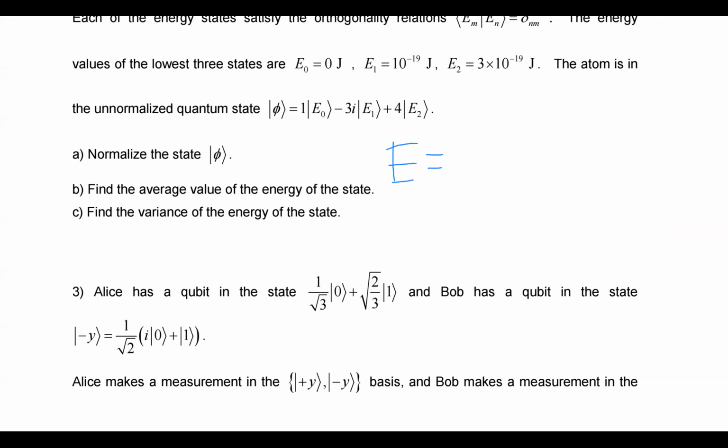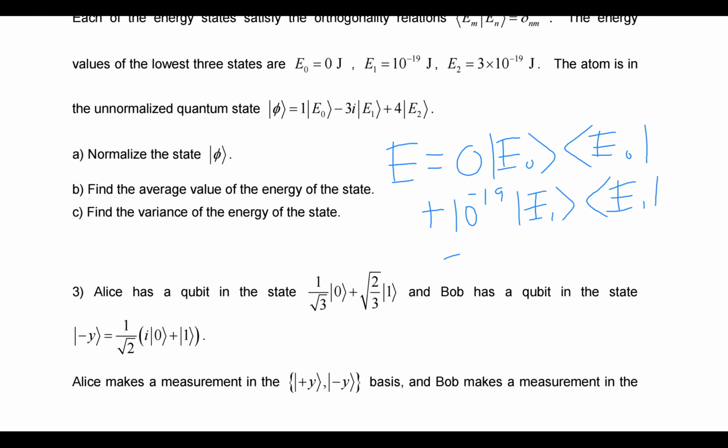But if you wanted to, you could calculate the operator for this energy, and that would be basically the value multiplied by the outer product of the state, like this. Then this one is 10 to the minus 19 of E1, and then this is 3 times 10 to the minus 19 of E2, E2.